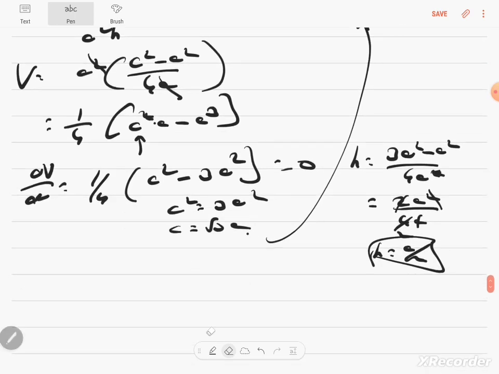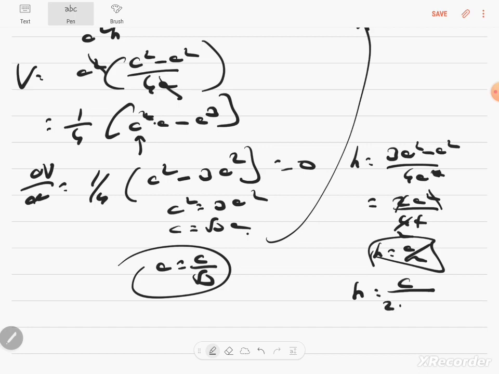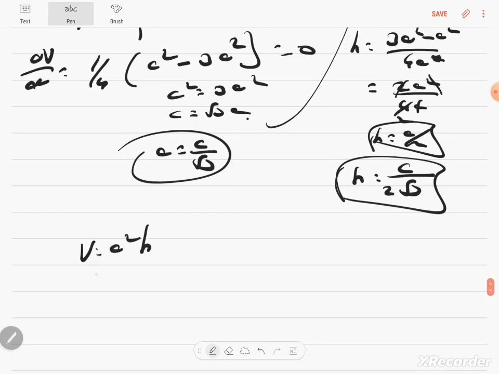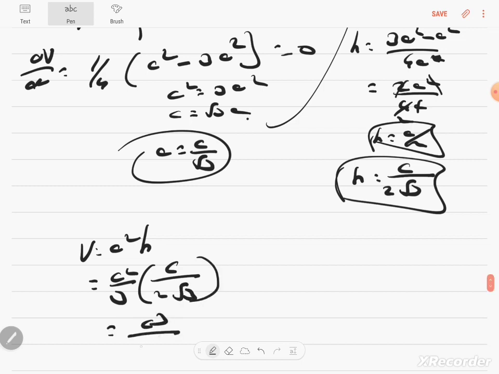So a is equal to c by root 3, and h is equal to a by 2, which is c by 2 root 3. So you got everything in terms of c, so you can find the volume. Volume itself is a square h, which is c square by 3 into c by 2 root 3, which will become c cube by 6 root 3 cubic units, and that's what they're asking you to prove.